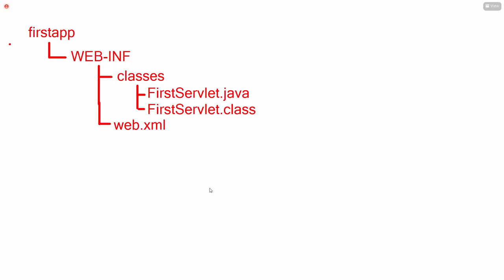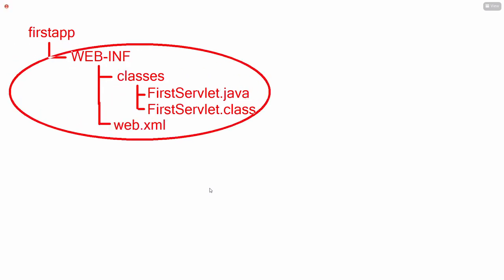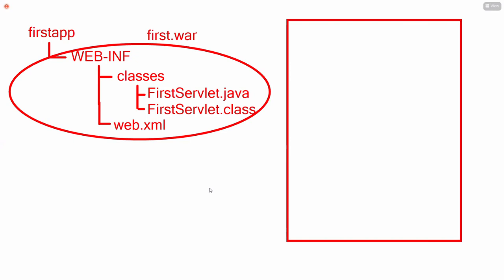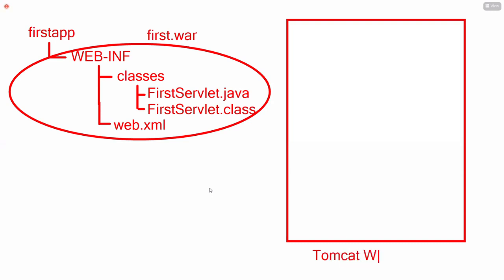This will be created as a war file. After that, we deploy it on the Tomcat web server. Whenever you deploy, this file is automatically extracted.